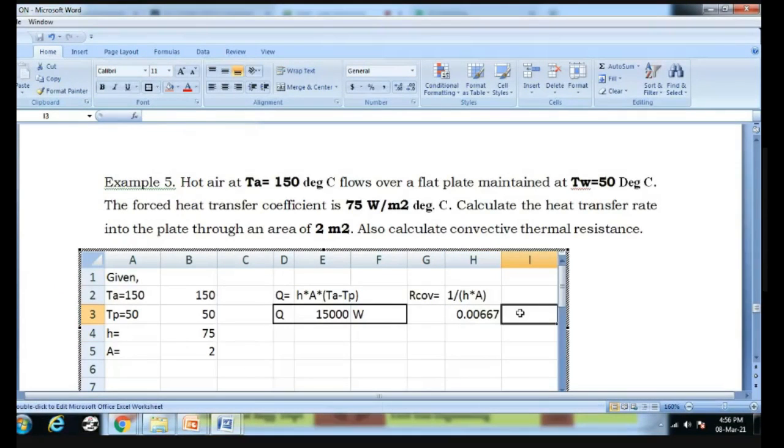This is the convective heat transfer resistance, R_conv. Is it okay?